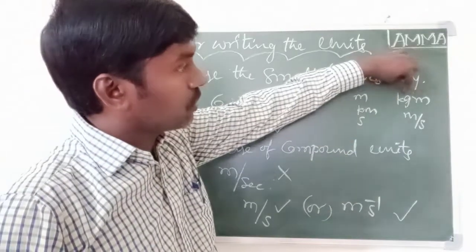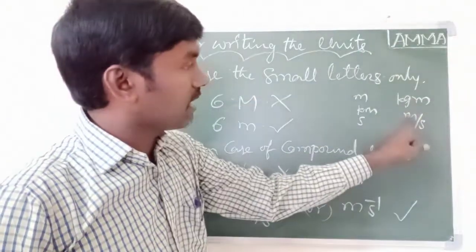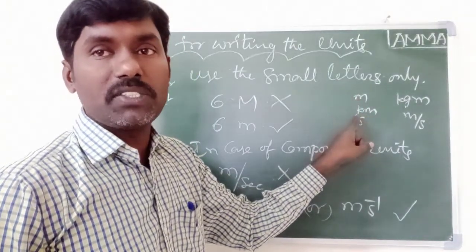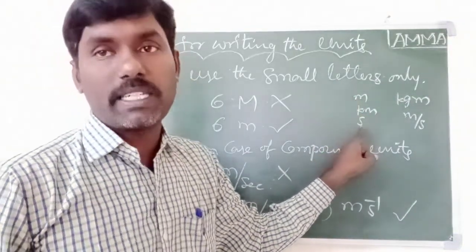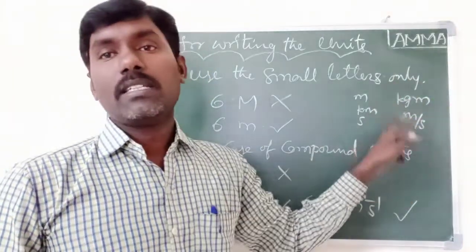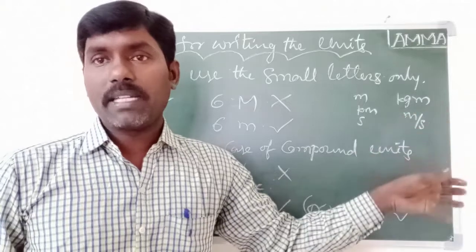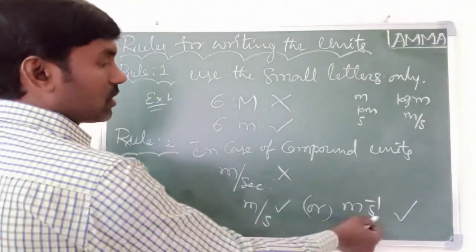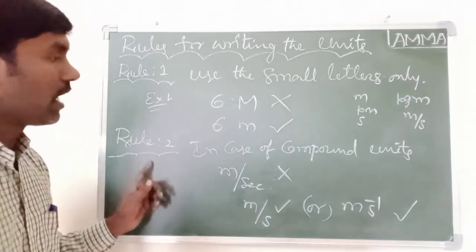In these cases, 2 units are present, while in the others a single unit is present. If more than one unit is present, we call them compound units. Okay students, so this is the correct method to write compound units.